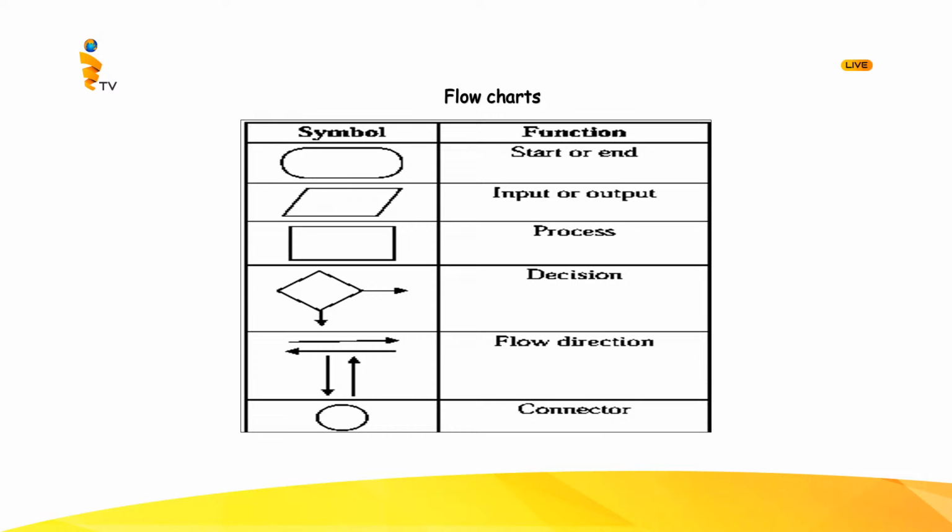And for the flow direction, data flow, we use these arrows, and as the final symbol we use a circle to indicate a connector. So, you will be using these symbols when we draw flowcharts to represent our algorithms.